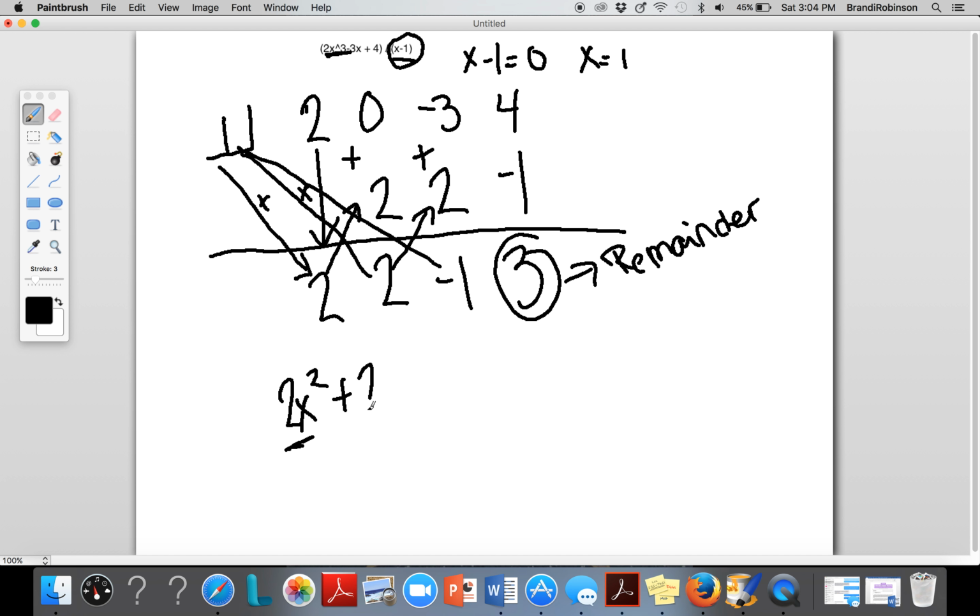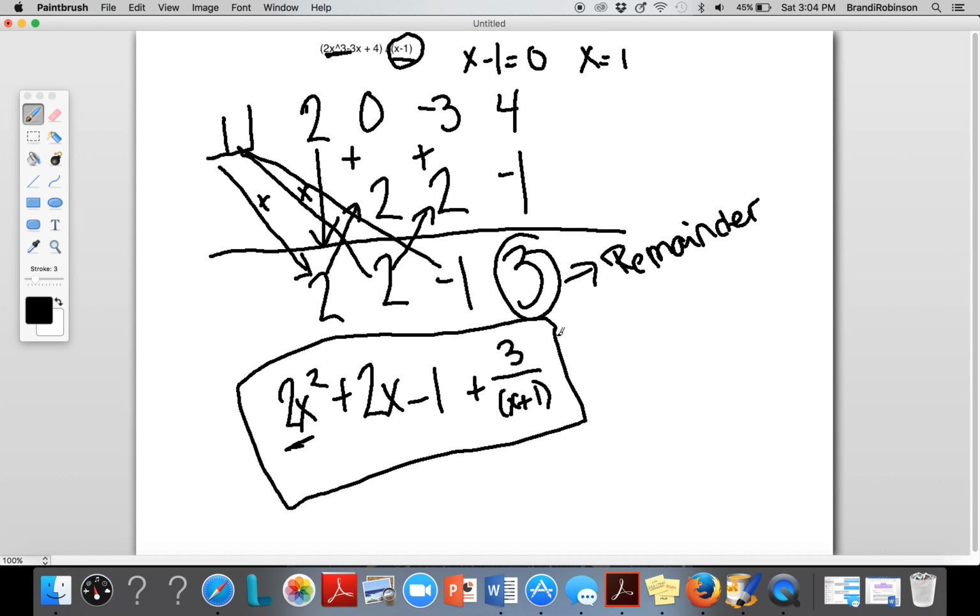Plus, I'm going to go descending, 2x minus 1, and then my remainder is going to go over the original division problem. So these answers aren't pretty, but they are definitely answers that we can utilize. If I had done the process of a long division of polynomials, it would have taken me a lot longer, and I probably wouldn't have gotten to as neat of an answer as quickly.